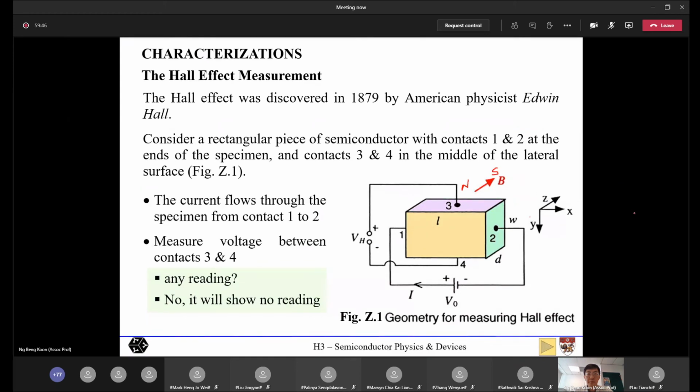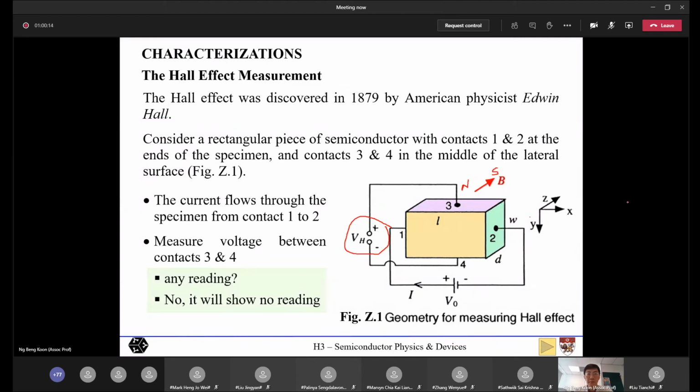Now if this magnetic field is present, what will happen to your measurement across the top and bottom, point 3 and point 4? When you put this semiconductor in the magnetic field, you will find that you register a reading on your voltmeter. It's no longer 0.